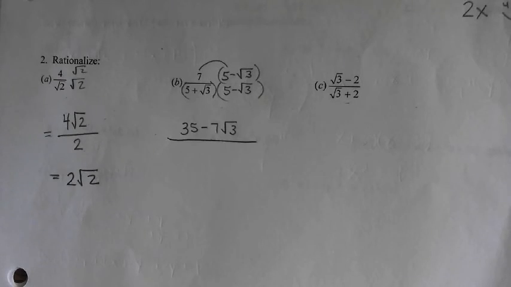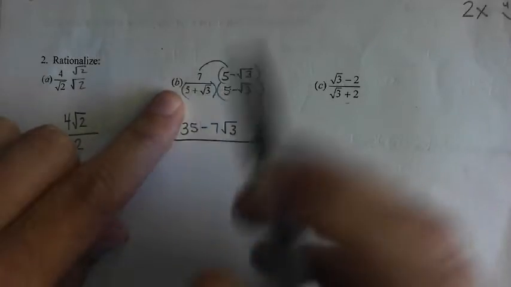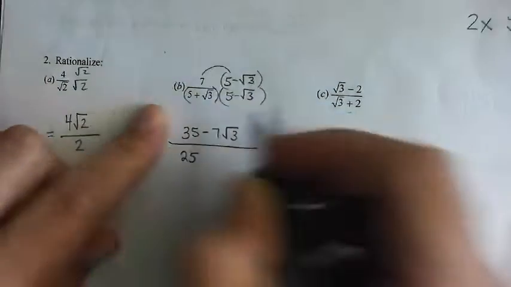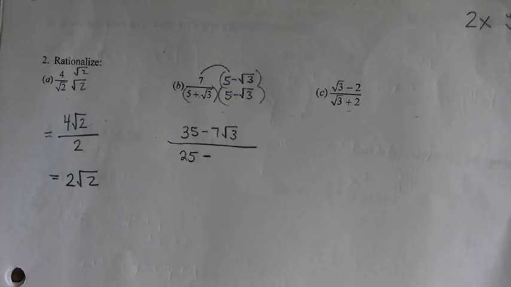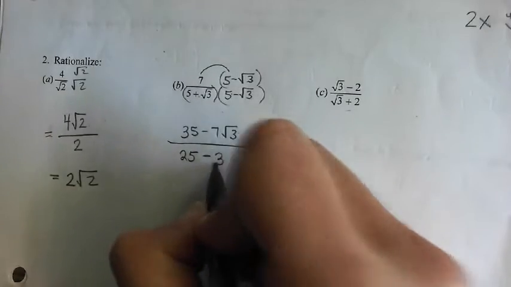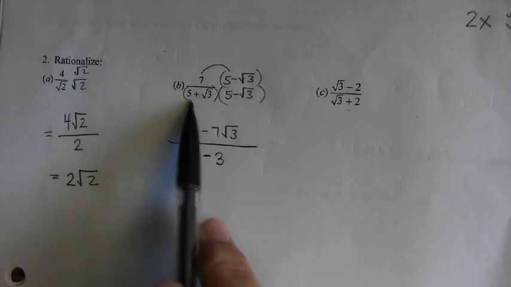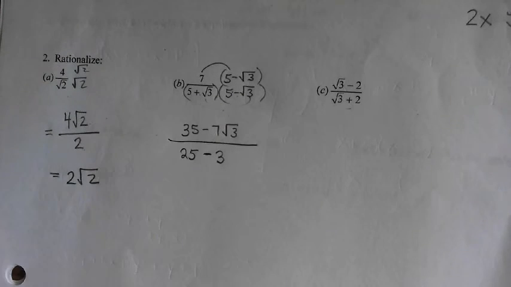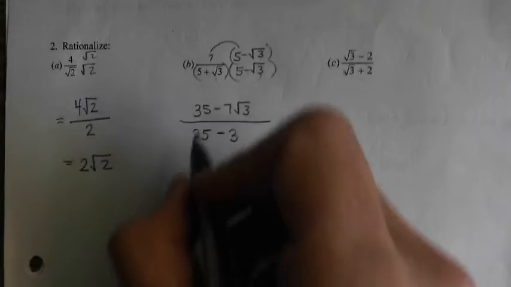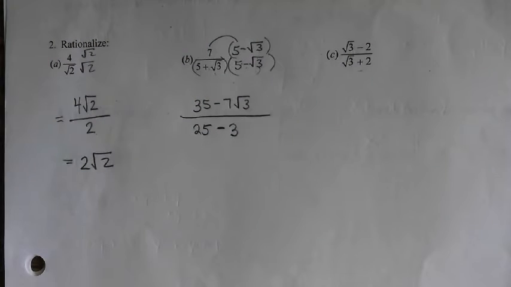So you just have 5 times 5, which is 25. And then positive times a negative is a negative, so it'll always be a minus there. Root 3 times root 3 is just 3. We didn't have to worry about the minus 5 root 3 on the outside and the plus 5 root 3 on the inside. Those cancel. So after that's done, what's my final numerator, Ryan?